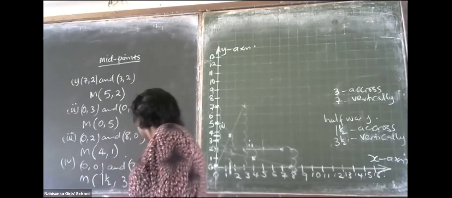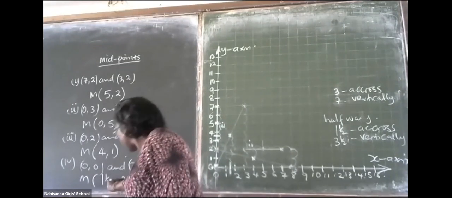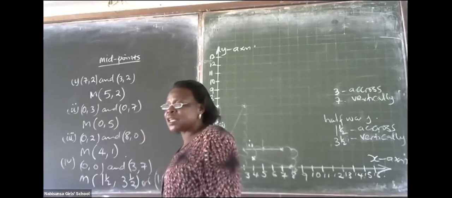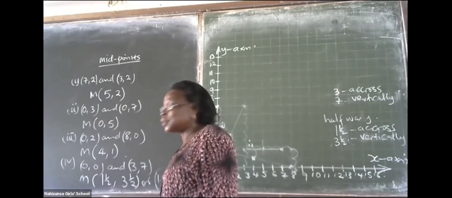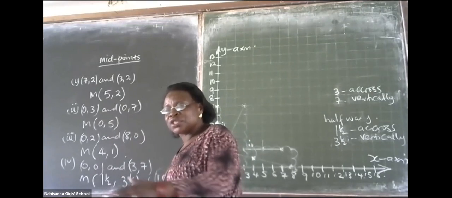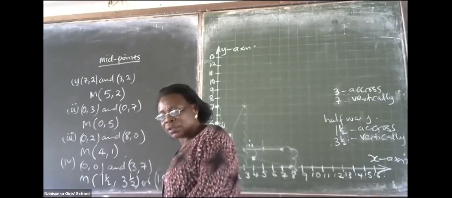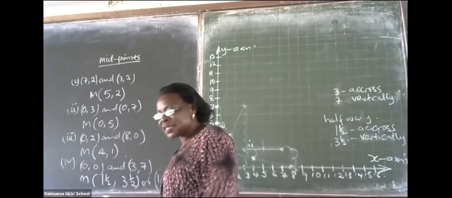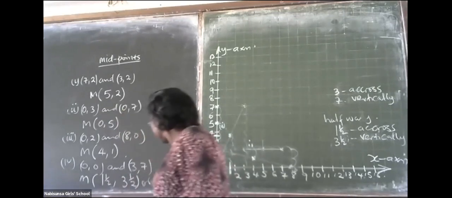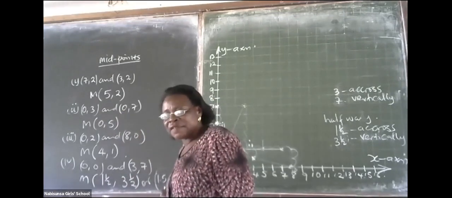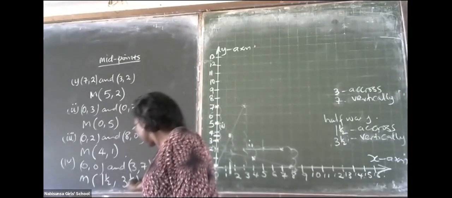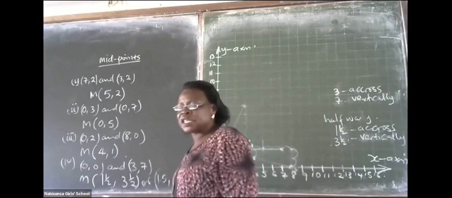We are talking about 2 points, but this point is written in different forms. We looked at fractions, and we converted the fractions to decimals. So we have 1.5 and 3.5 when converted to decimals.